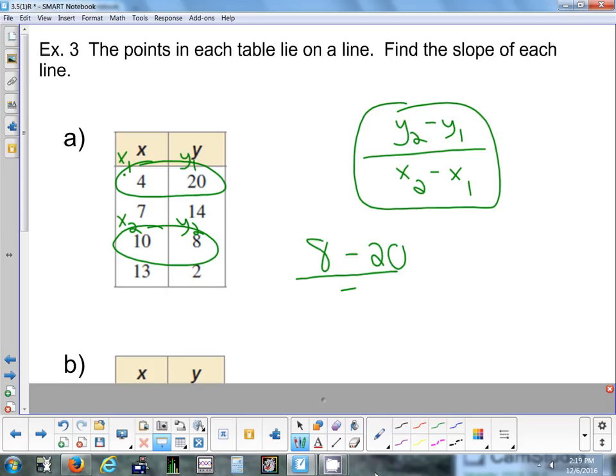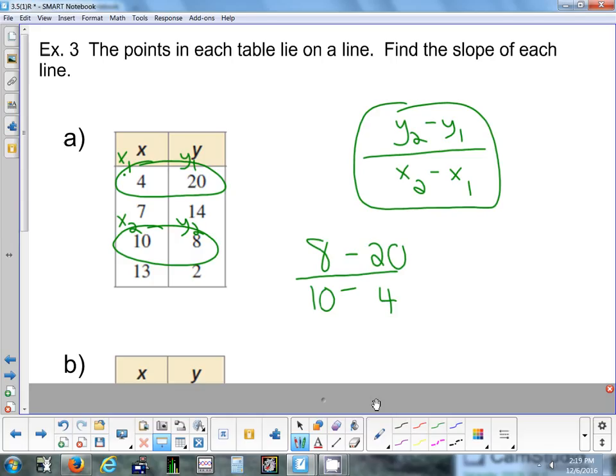Very good. On the bottom, what number's going to go here? I want X2. 10, good. Nice job. And then my X1, 4. Very good. I was consistent, right? I had my second Y first, I had my second X coordinate first. The second ones have to be first every time. The first ones have to be the other way around.